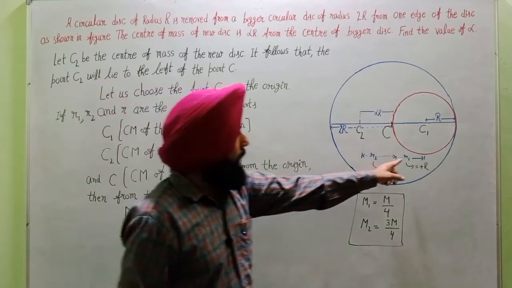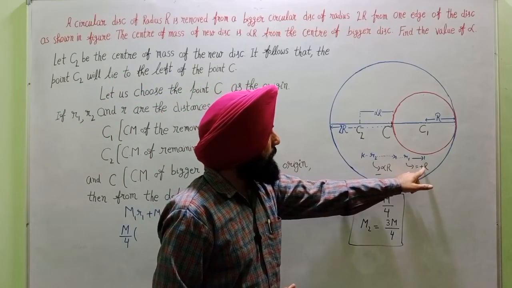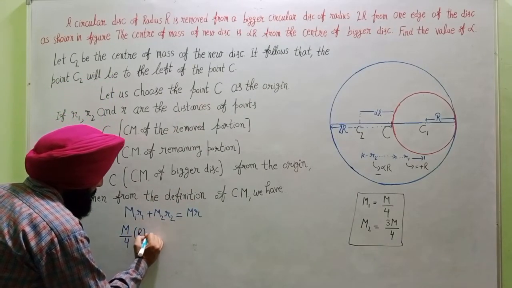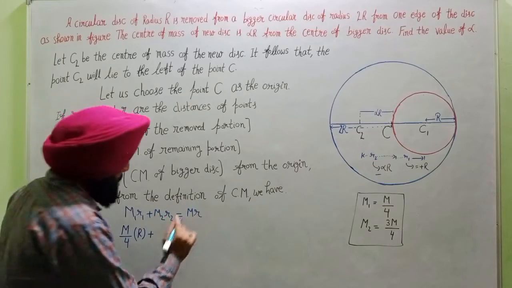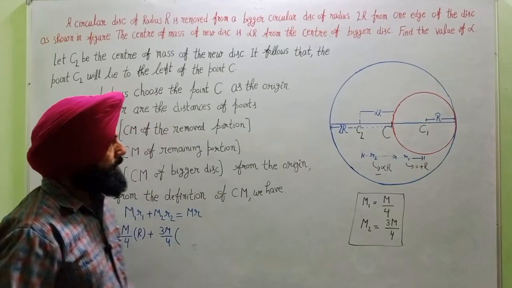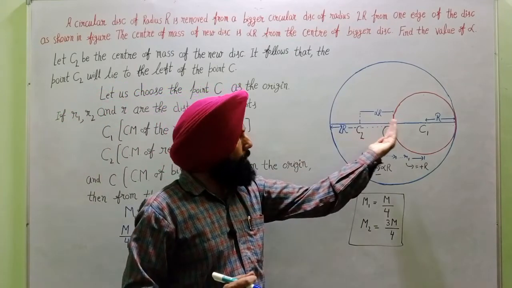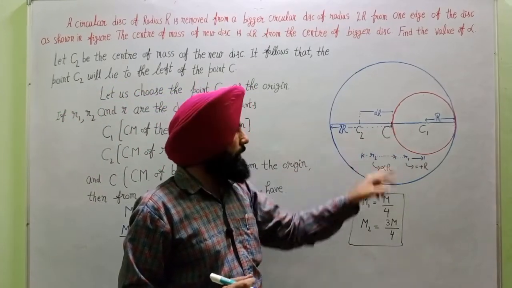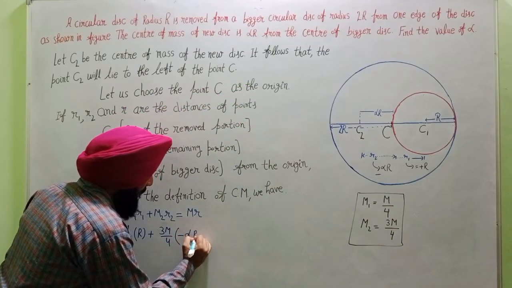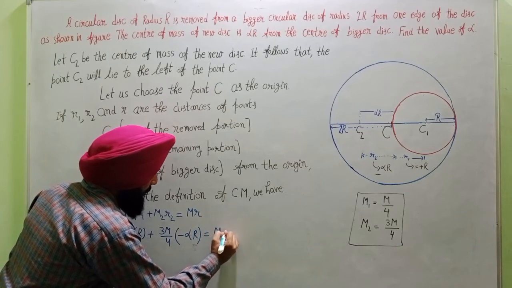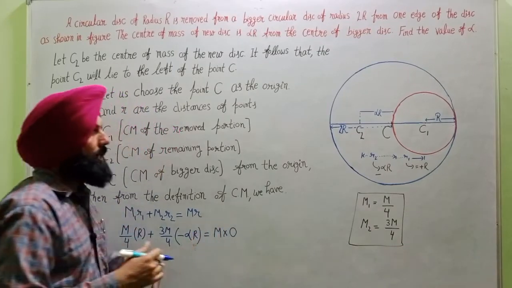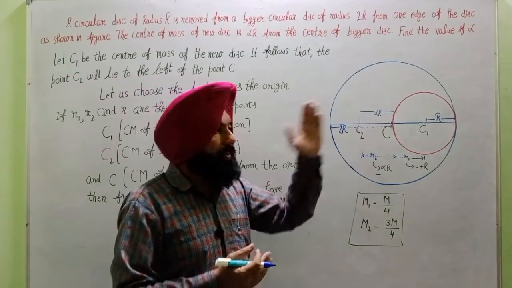Now, r1 is positive R, plus m2, that is 3m over 4, r2, because r2 is on the left hand side from the center and its value is negative, that is negative alpha R, equal to M, and the value of R is 0 because the center of mass coincides with the center of the disk.